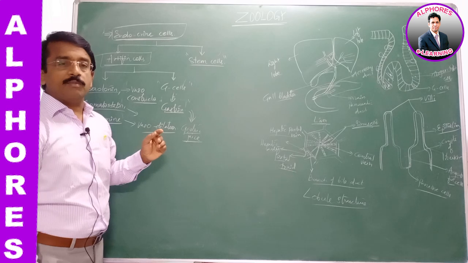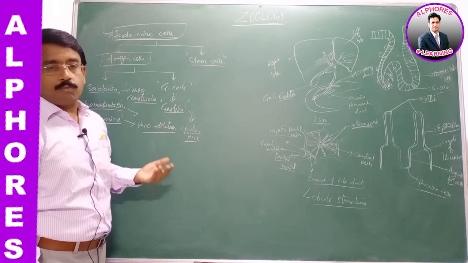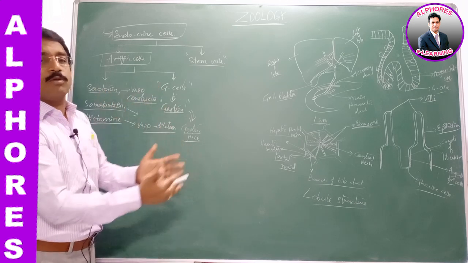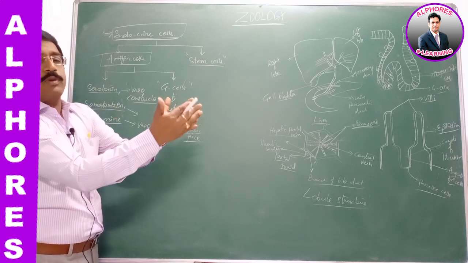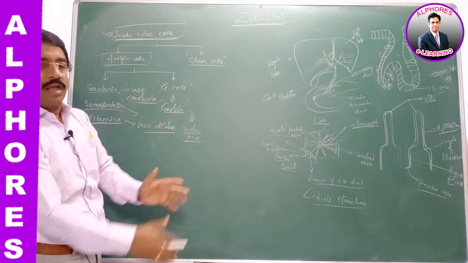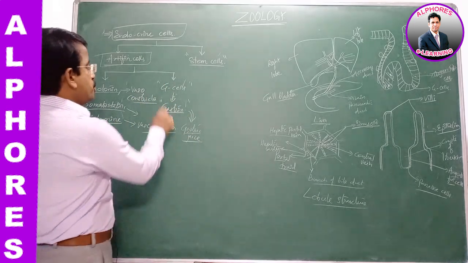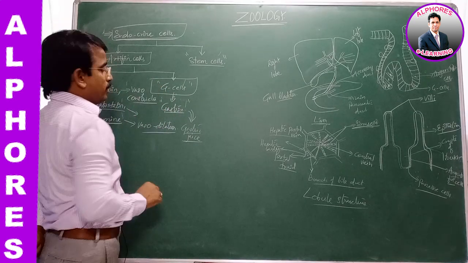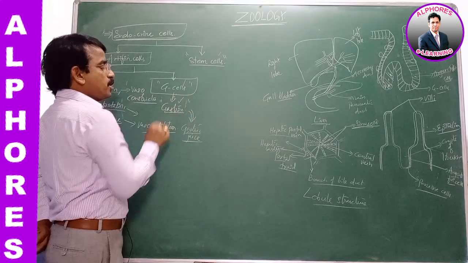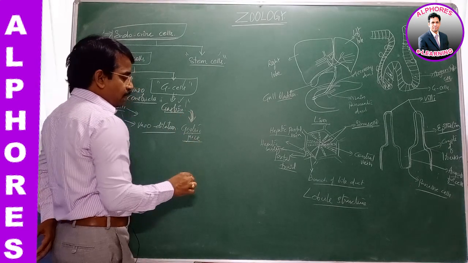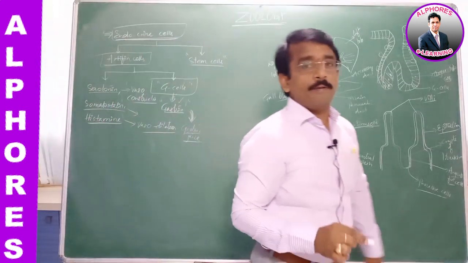Somatostatin inhibits the secretion of the hormones and thereby the enzymes. Inhibition means regulation here. One stimulates and another inhibits, thereby the balance is seen. Histamine is a vasodilator. G cells secrete the gastrin hormone, and the gastrin hormone stimulates the gastric juice.